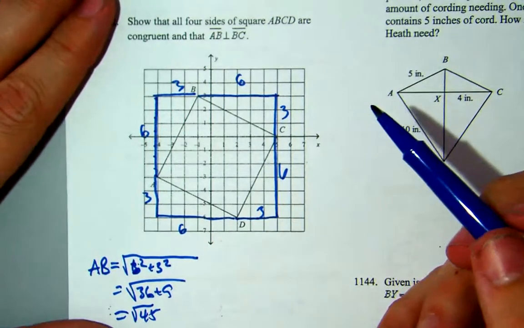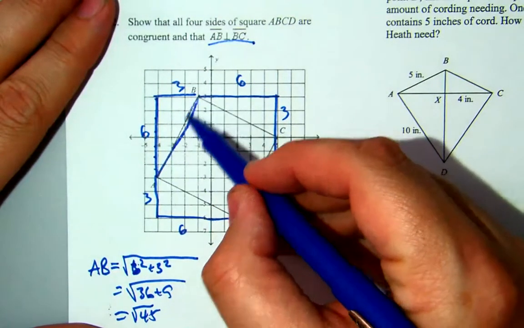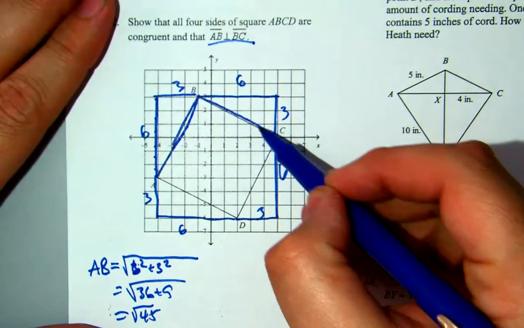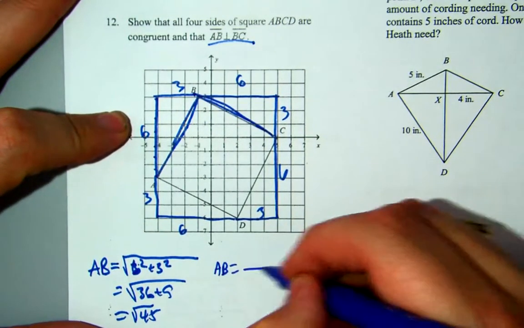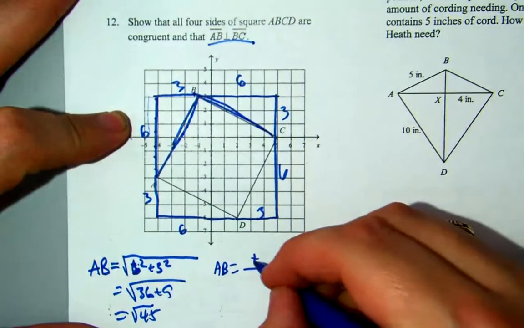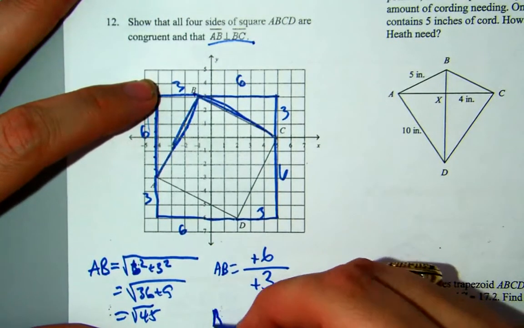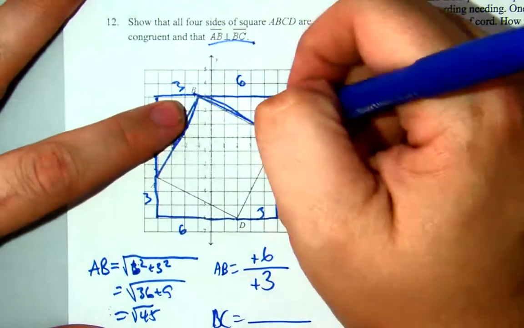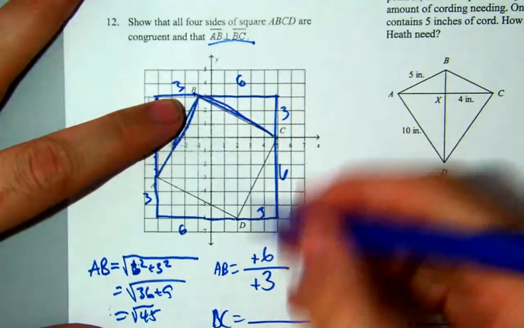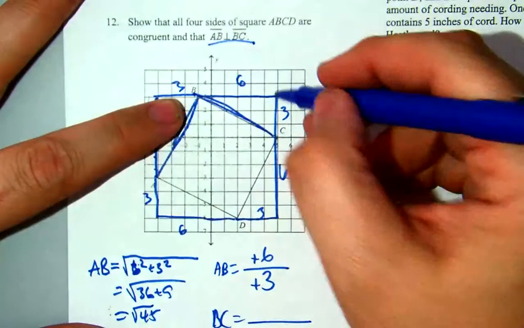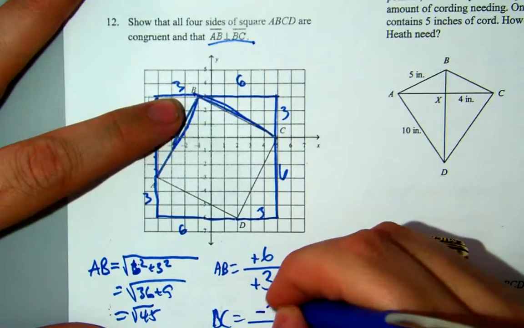And now, in order to ensure that AB and BC, this side right here, is perpendicular to this side, we have to figure out the slopes. For AB, the slope is going to be a plus 6 and a plus 3. For BC, the slope is going to be a run of 6, but a rise of negative 3.